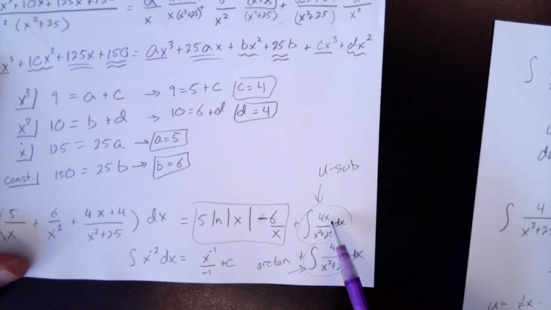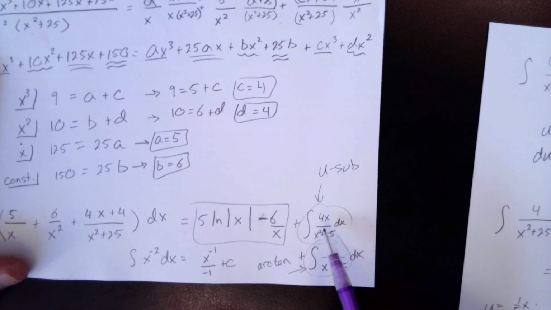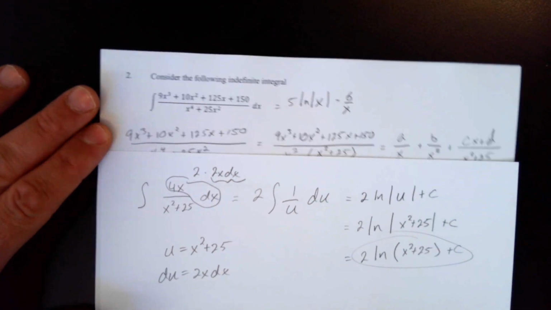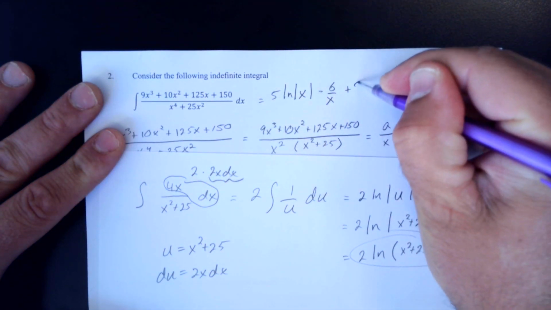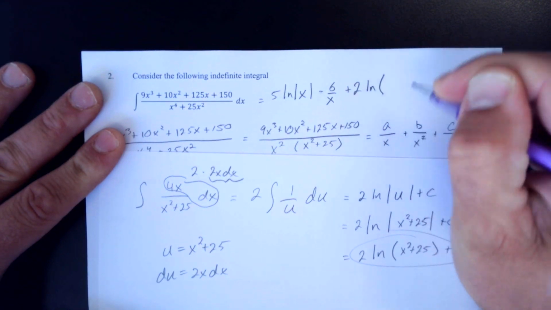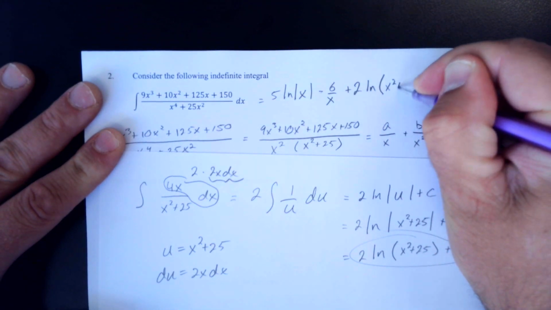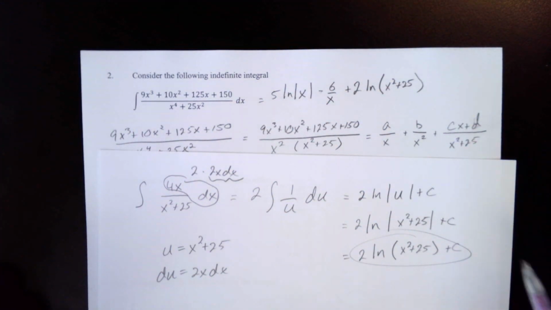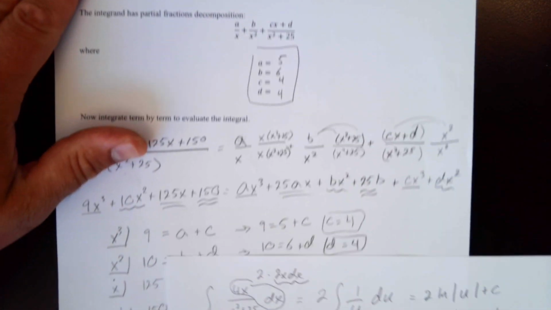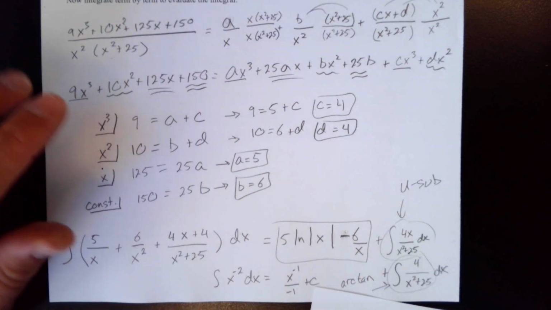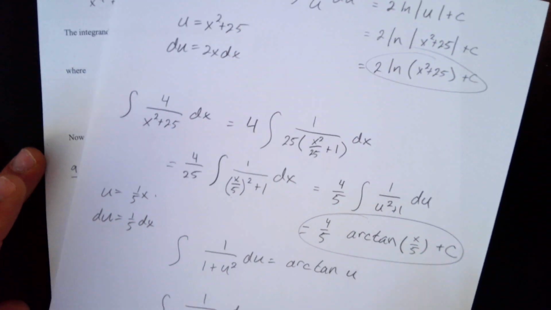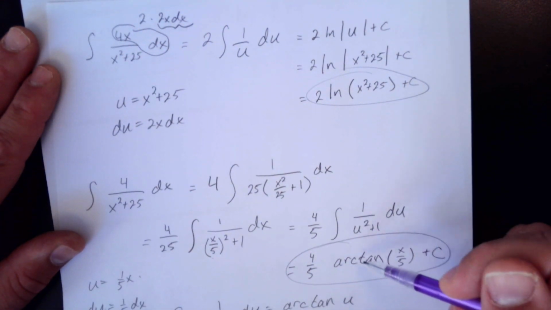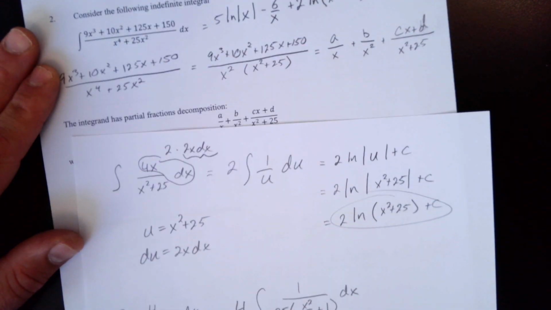And this next one was this one where I had to do a u substitution. Let's see what that one was. When I did that u substitution, it ended up being 2 times the natural log of x squared plus 25. I'll put the plus c at the end. And the last one was this arctangent one. And we just did that arctangent one, and we saw that it was this 4/5 arctangent of x over 5.